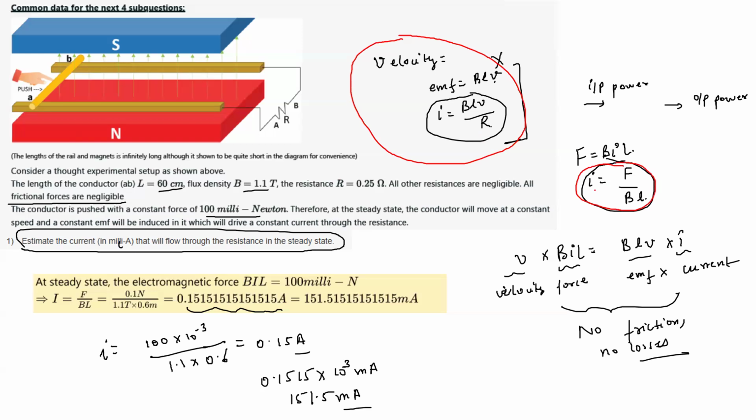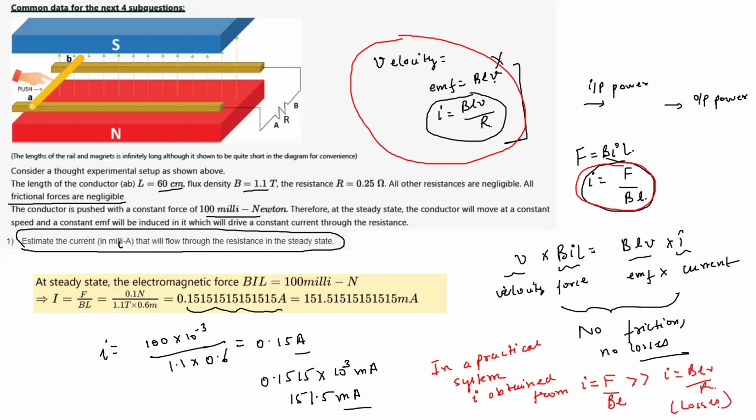If there were losses due to friction, then the current I obtained using this expression would have been much higher than with the other expression. So in a practical system, I equal to F by BL will be higher than I equal to BLV by R, as there will be losses.